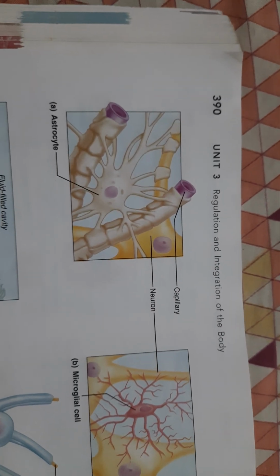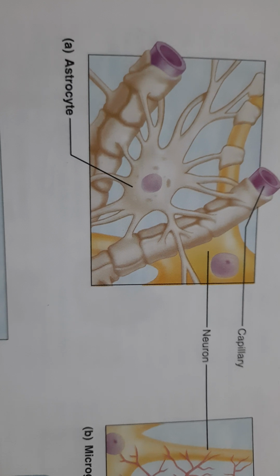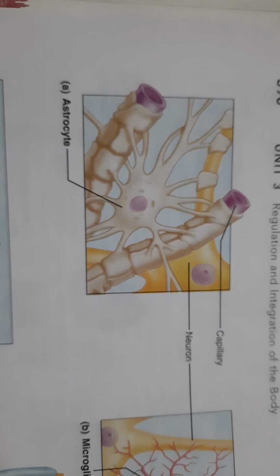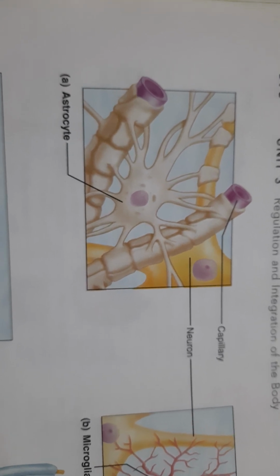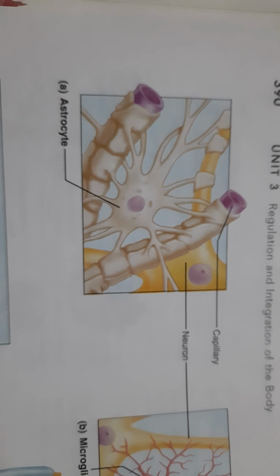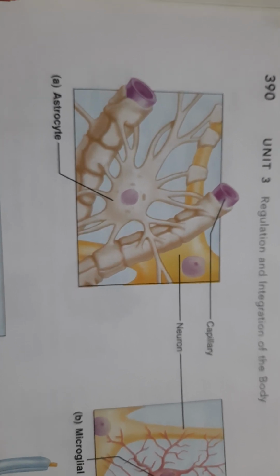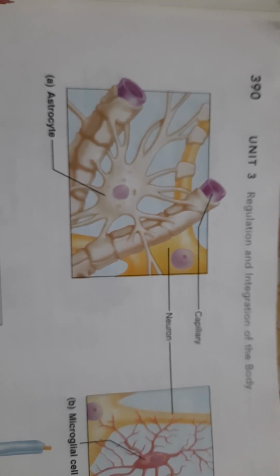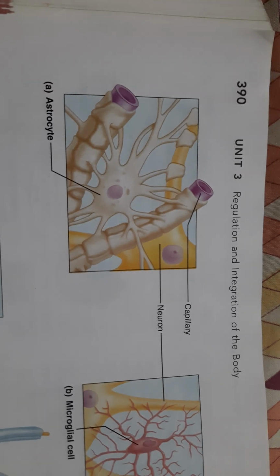And they actually direct the neurons while they're forming, directing them to the synaptic junction, resulting in the formation of the synapses while the nervous system is being developed.